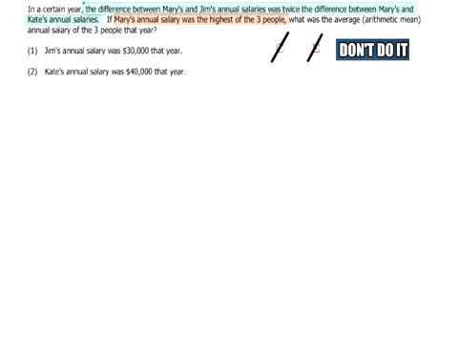Because the difference in Mary's and Jim's annual salaries would be the absolute value of one of them minus the other one, because we wouldn't know which one was bigger. But then they tell you Mary's is the highest. So that gives new meaning to this blue statement.